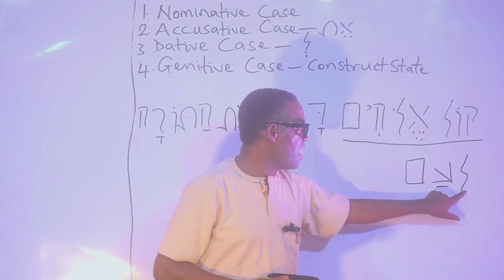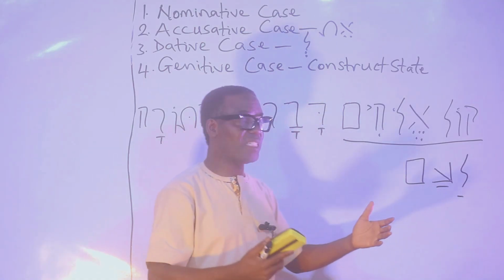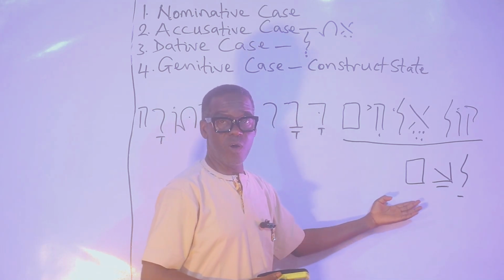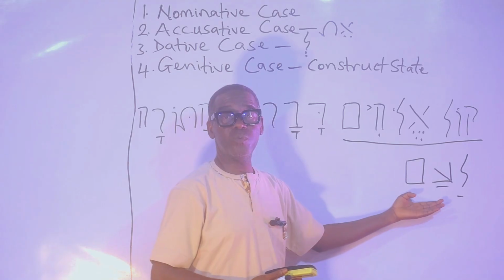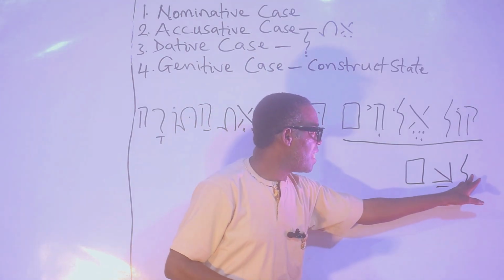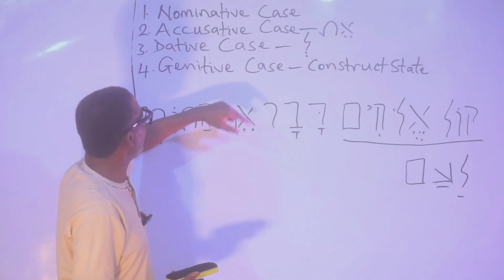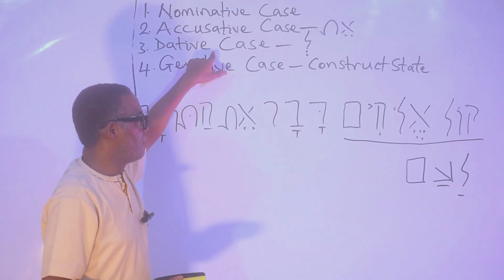So this la is an inseparable preposition. It is always attached to its noun. That's why they are attached together to form a word. So it now means to the people. So this la has indicated that in this sentence we have dative case.